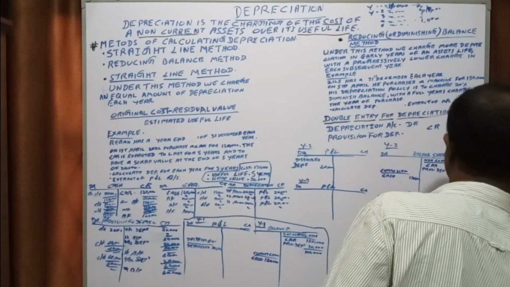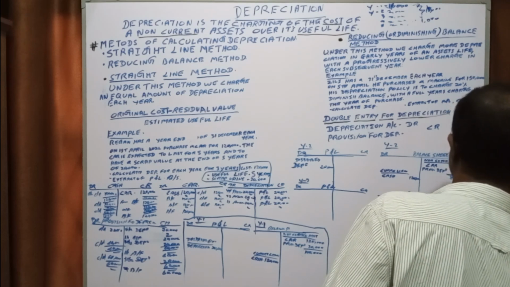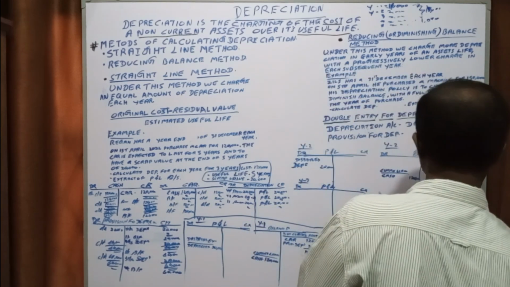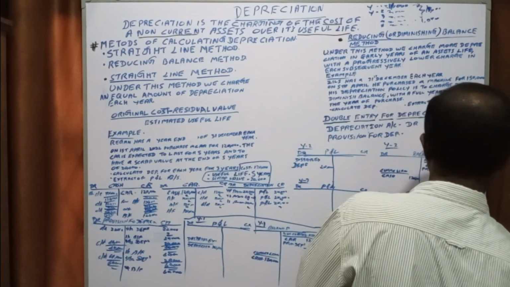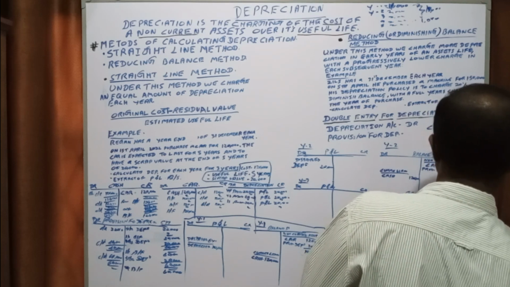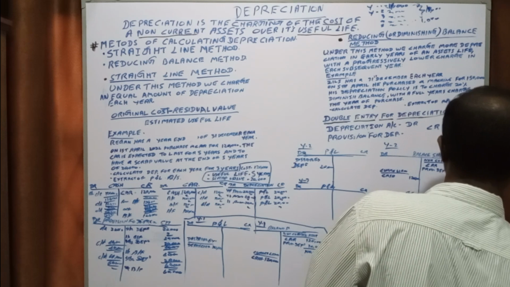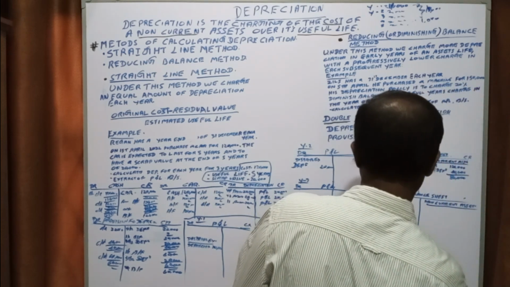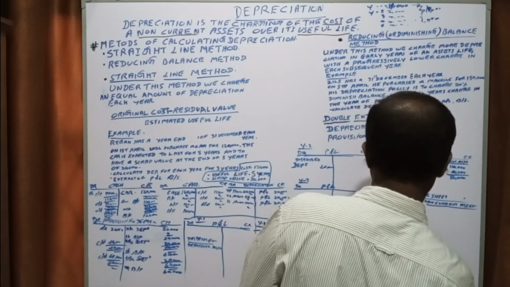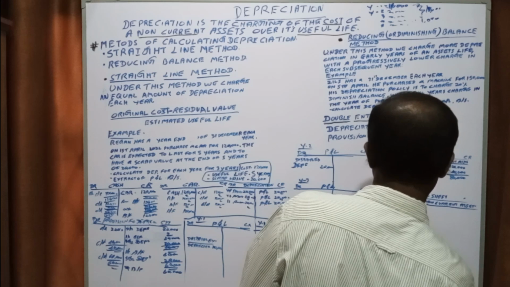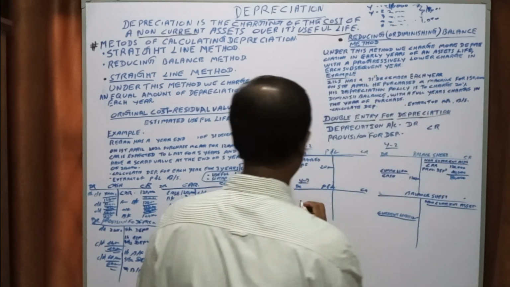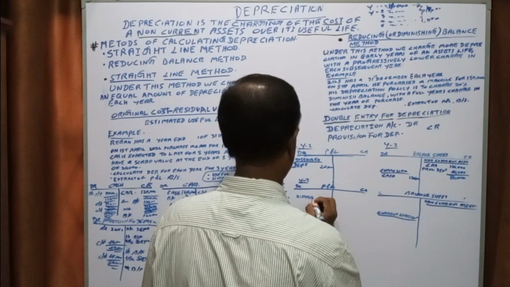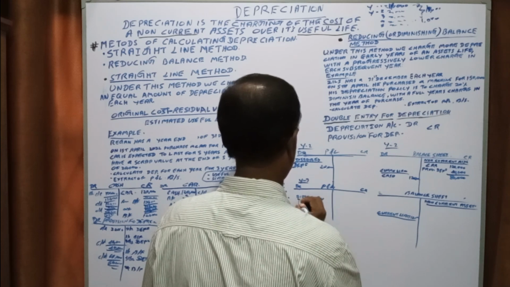Here we say non-current assets, current liabilities, and in expenses, distribution expenses.